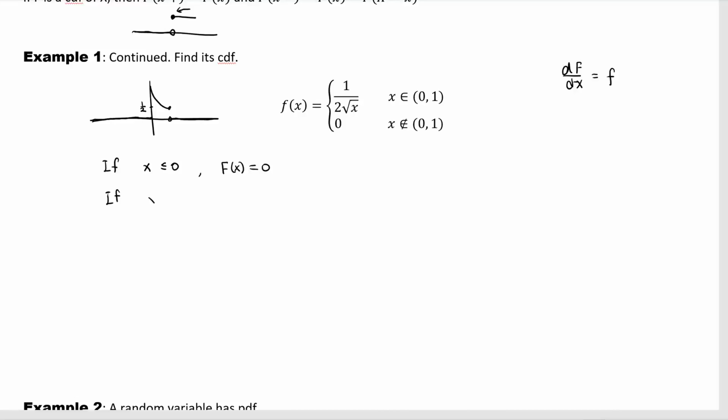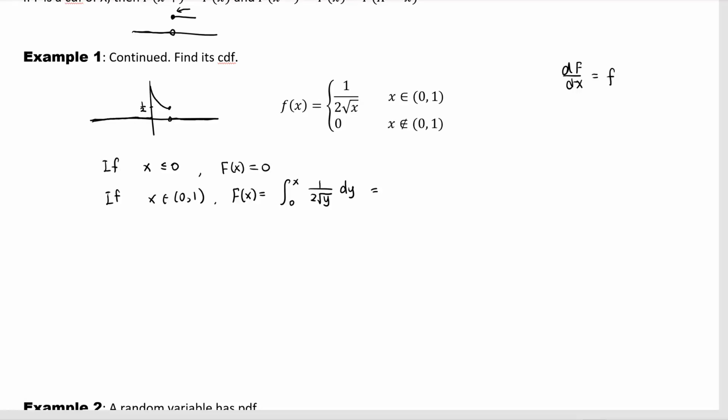If x is between 0 and 1, then F of x is going to be the integral from 0 to x of small f of, let's use another letter, let's use y or t, doesn't matter. So what is that?